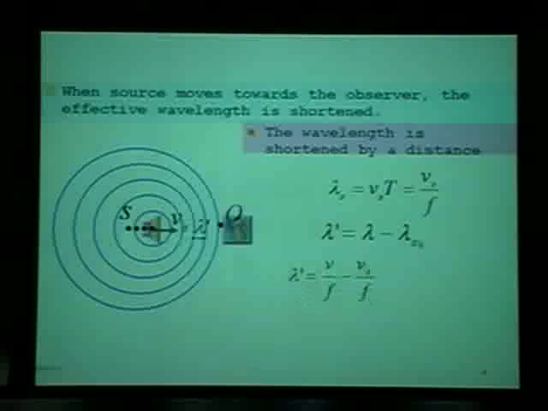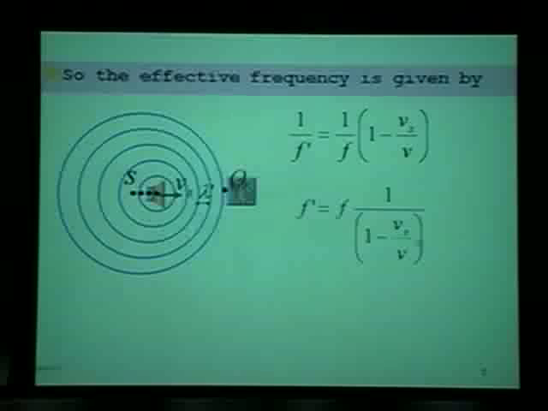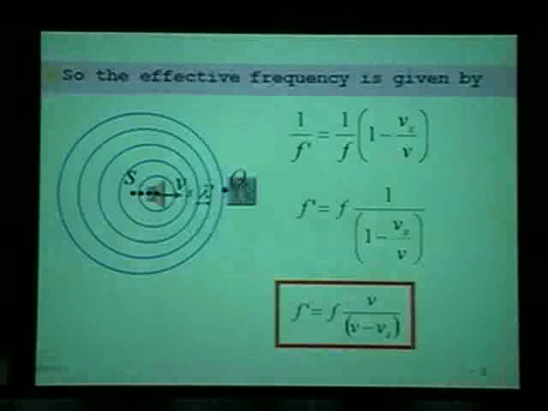There's a lot more algebra involved here, which I'm not going to explain, but it's in your notes. Ultimately, we come up with this nice result, that the effective frequency an observer would hear as the source is moving towards the observer is equal to the actual frequency put out by the source times the fraction of the velocity of sound over the velocity of sound minus the velocity of the source.